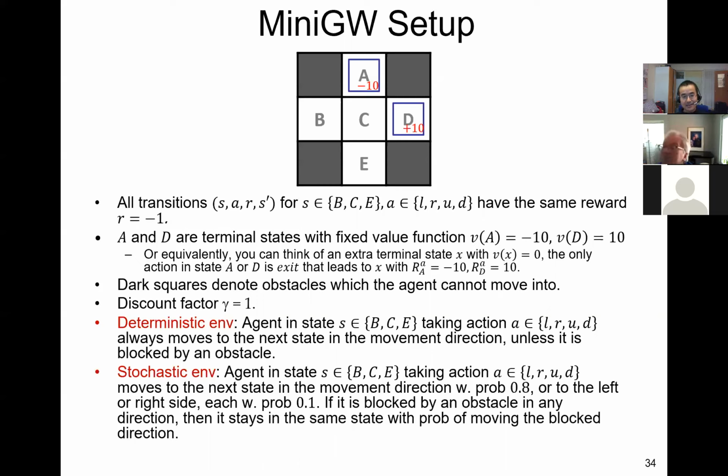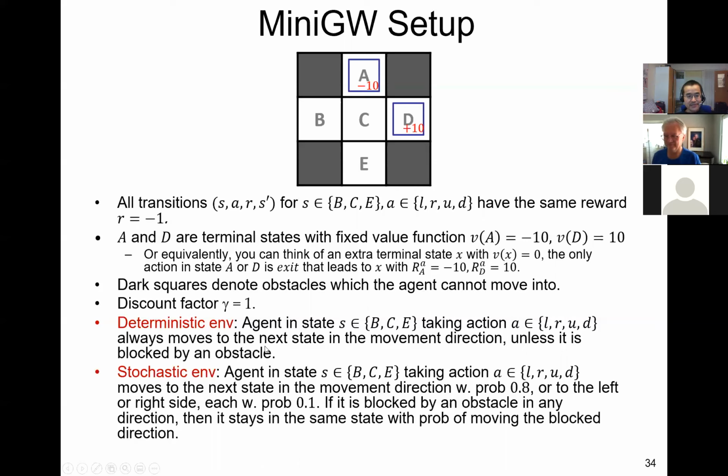Every day is minus 1 reward, and then you may die and go to heaven, to D, or go to hell, with A, as the two terminal states. The dark squares denote obstacles which the agent cannot move into. Discount factor is 1 for simplicity.